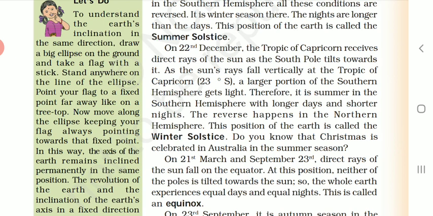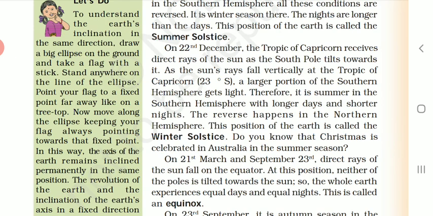So in the southern hemisphere it is summer, and in the northern hemisphere it is winter solstice. So in the month of December there is winter solstice, we can say.